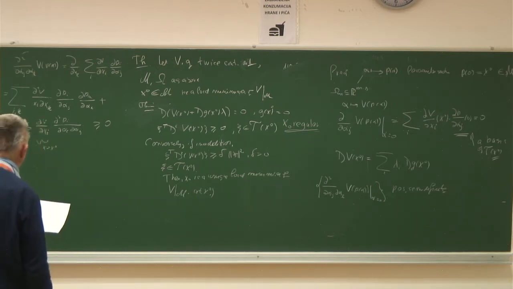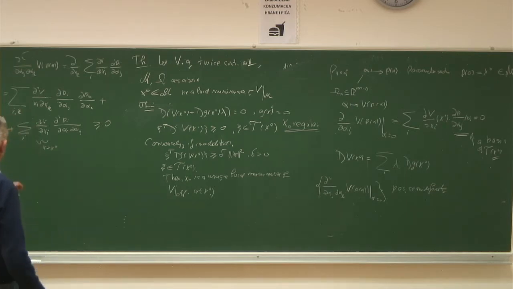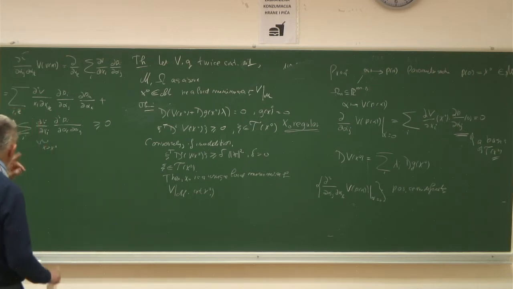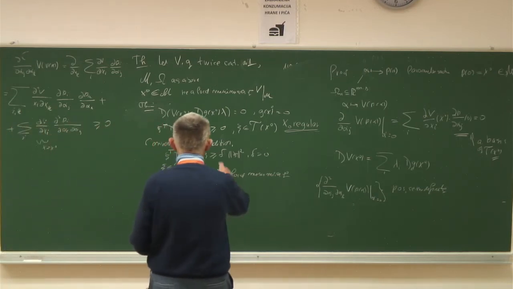I think I've made some, not a mistake, but something. Let me. I took this to be 0, but that's not 0, because of dv dxi. That's what we have here.